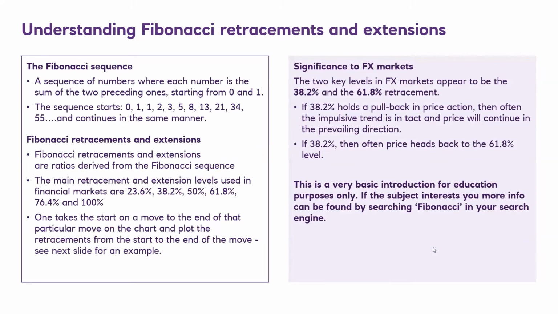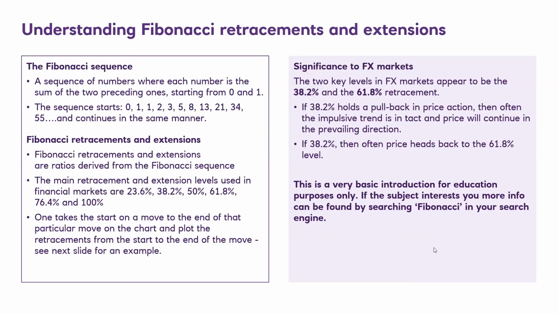So 0 and 1 gives you 1, 1 and 1 gives you 2, 2 and 1 gives you 3, 3 and 2 give you 5, and it carries on in the same manner all the way through. So how do we get the retracements and extensions? They are simply ratios derived from that sequence.